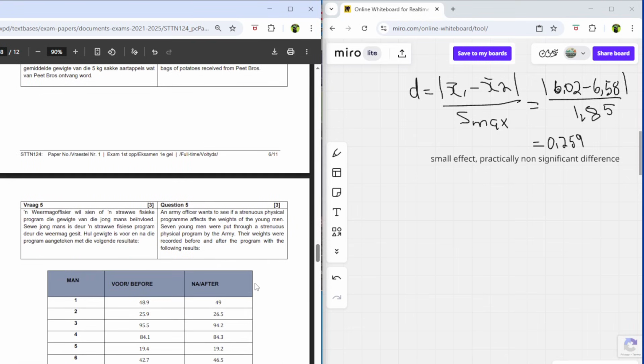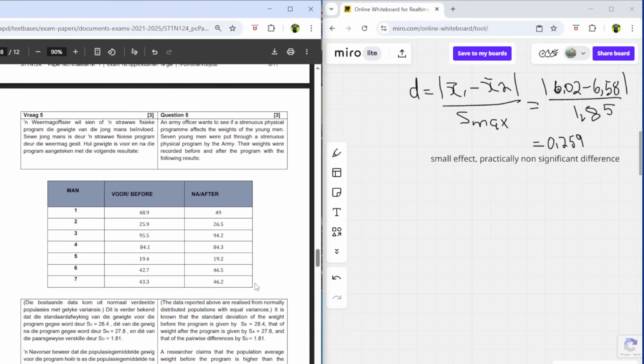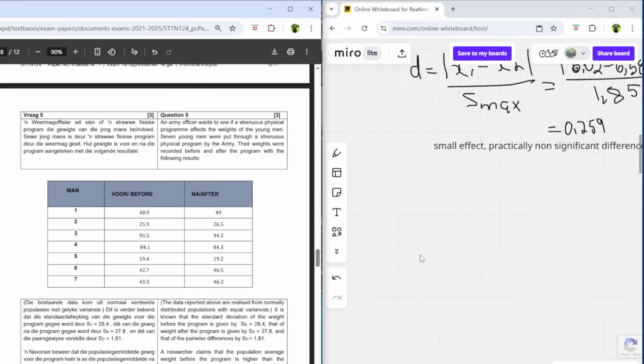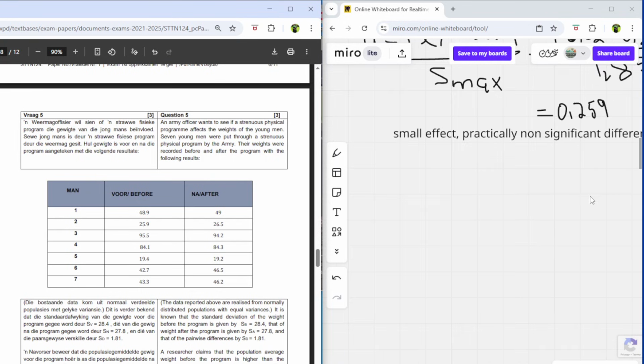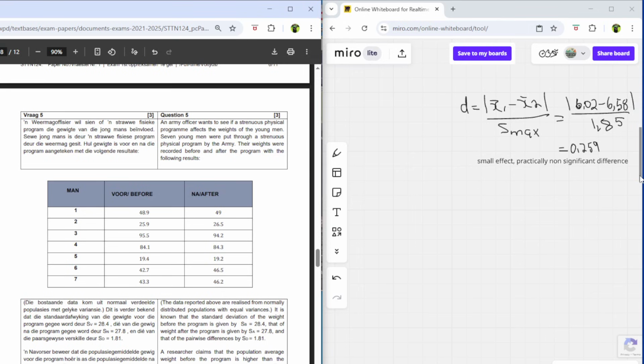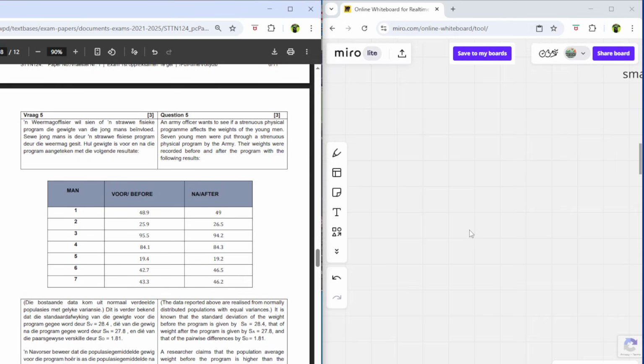Yeah, that's the answer. Question 5 is about two dependent populations.